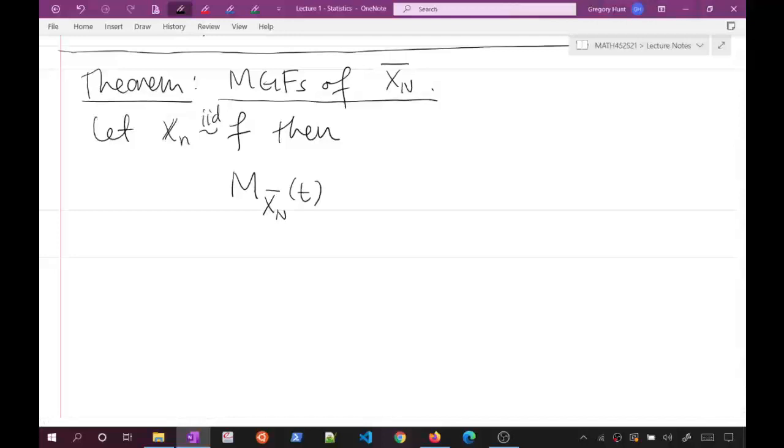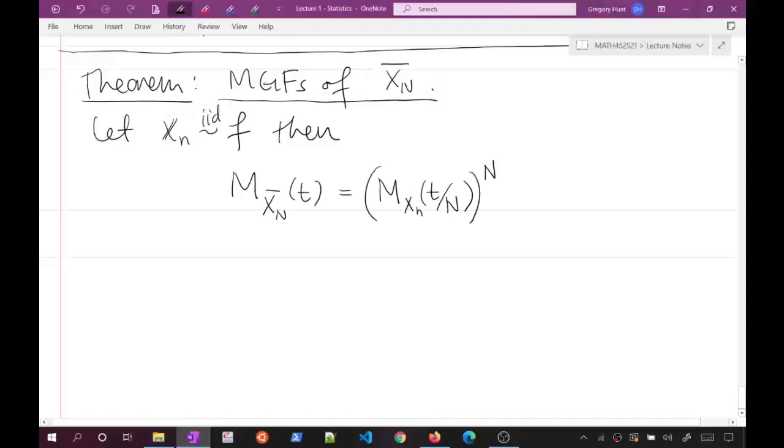It has a mean and a variance, like we saw. It also has a moment generating function. And the theorem is that the moment generating function of X bar we can write as the moment generating function of, let's say, any of the X_n, M_X(t/n), all to the nth power.